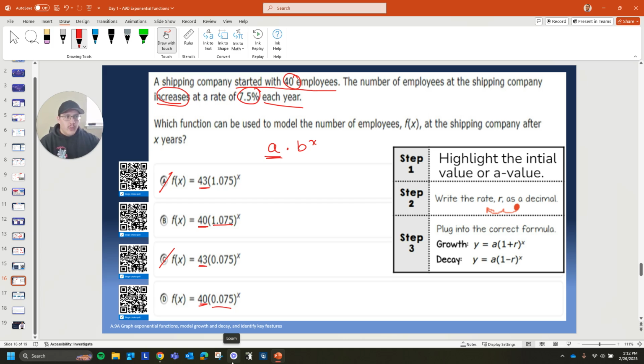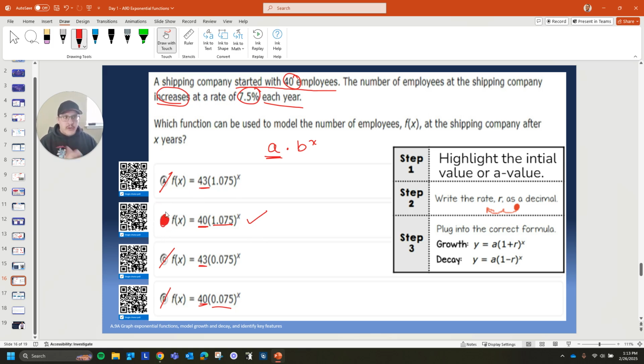We have increase, so which one of those can we eliminate based on the fact that this is exponential growth? D. Because look at the decimal on the inside. That is 0.075, a number that's less than 1, which would indicate decrease, decay. 1.075 would indicate growth. So B is our final answer.